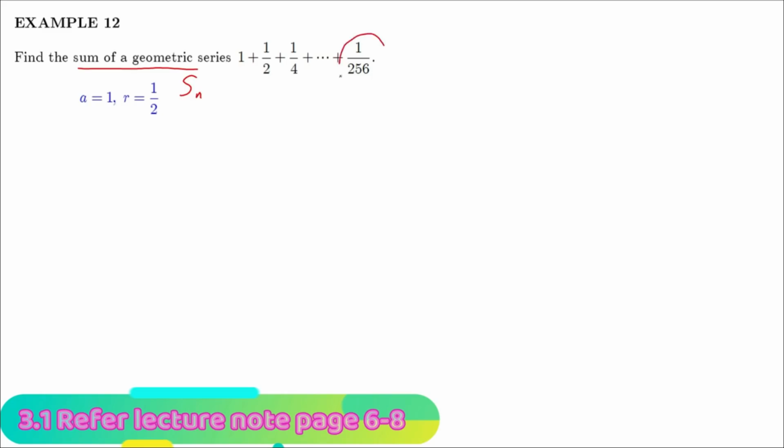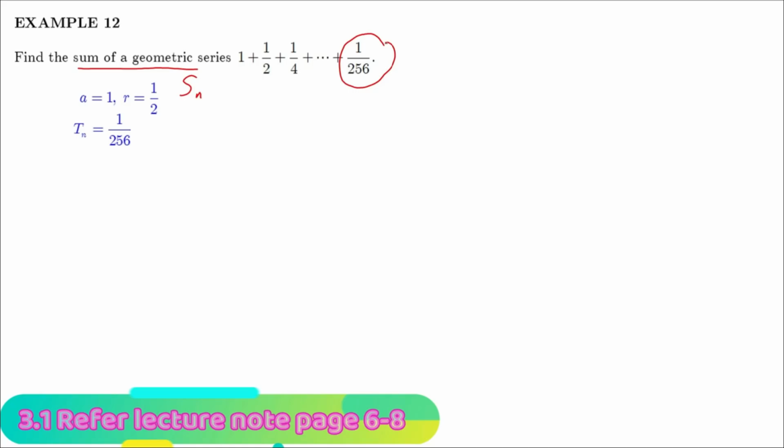They give us the final term, which is 1 over 256, but we do not know which n gives our final term. So here we write down our last term as Tn equals 1 over 256. In order to find the sum of the first n terms, we first need to find our n.